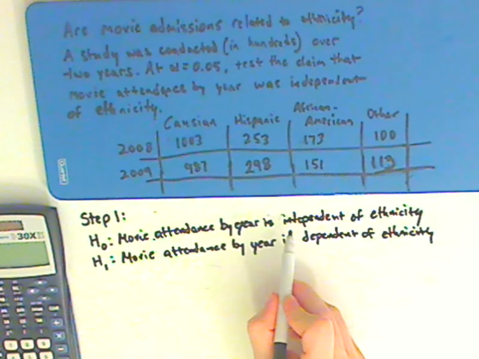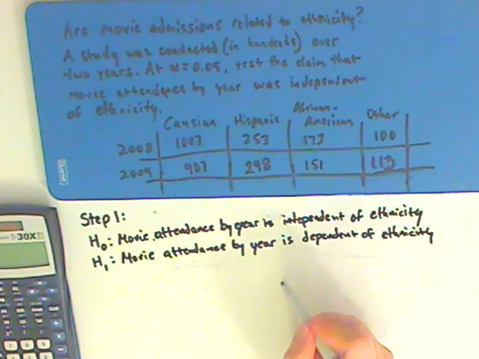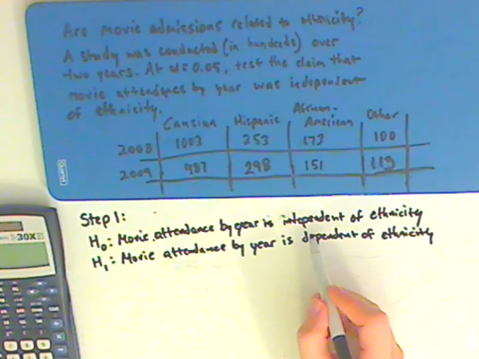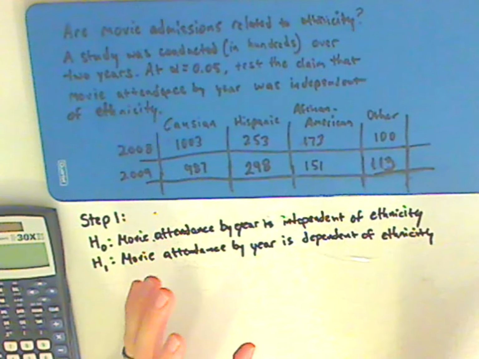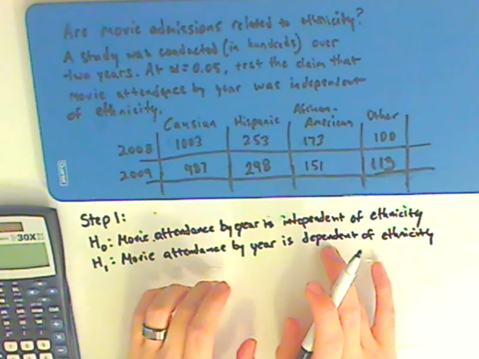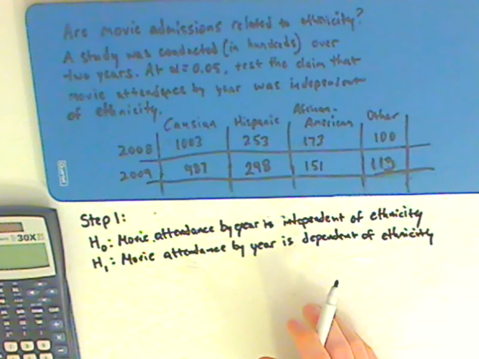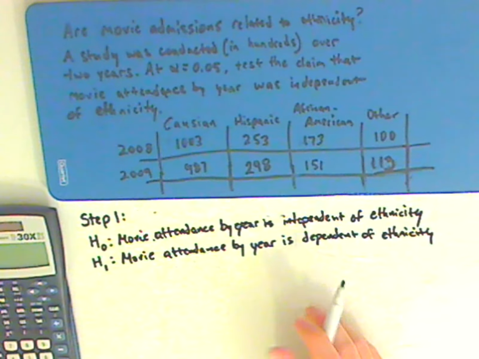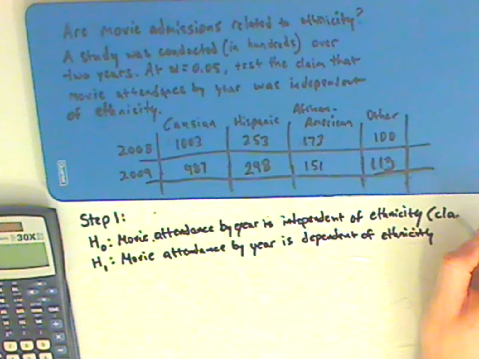Now, the null always includes equals, and the alternative always includes not equals. On top of that, independence means that one does not affect the other. Dependent means that they do affect one another. And always label where the claim is at.